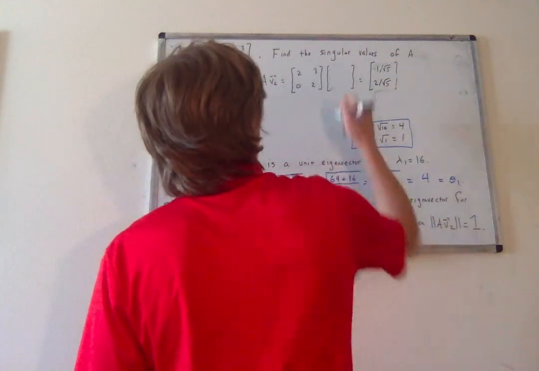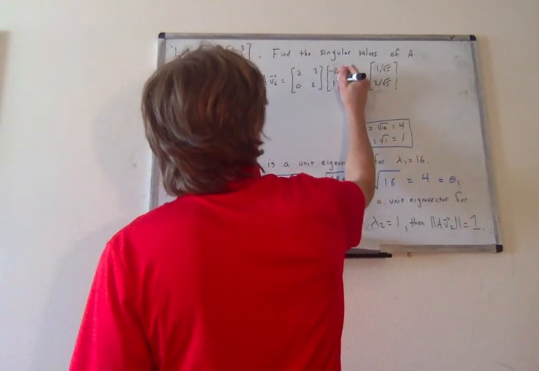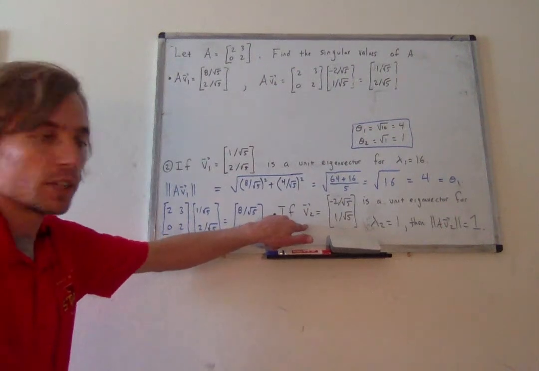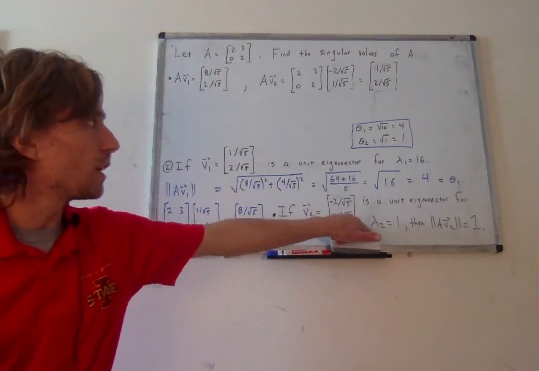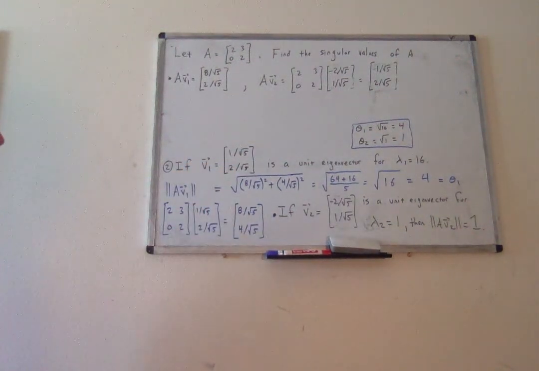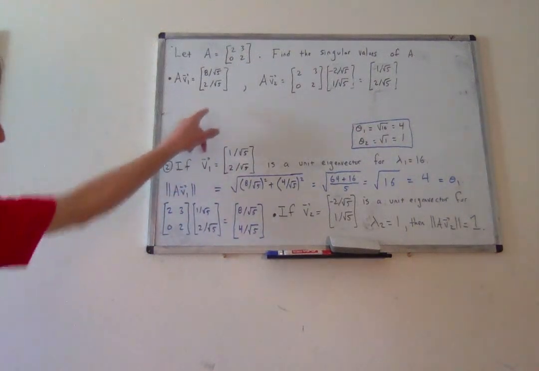So this should change to negative 2 over root 5, 1 over root 5. Sorry about that. So this is the correct eigenvector for A transpose A corresponding to the eigenvalue 1. And so this would be the correct value of A times V2.